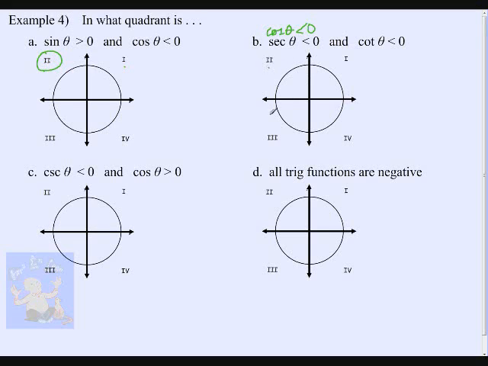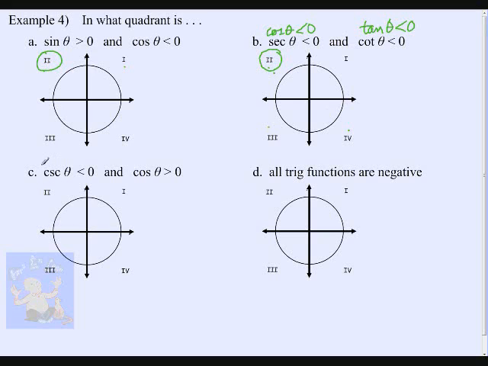Cosine is negative here and here. And tangent theta and cotangent theta are negative. Tangent theta is negative here and here. So we are talking about quadrant 2.